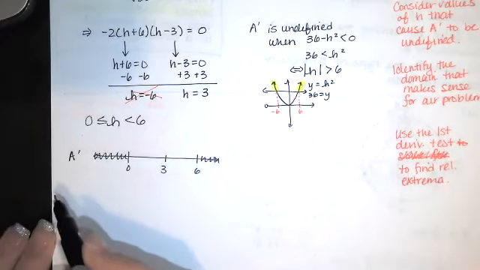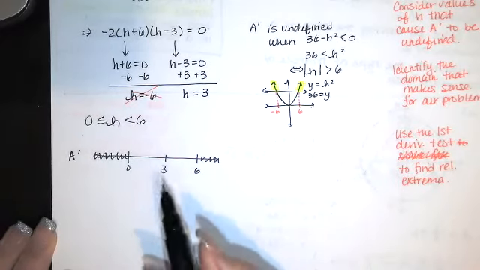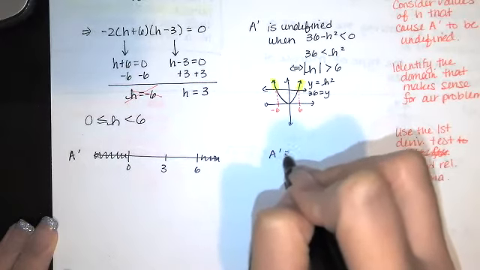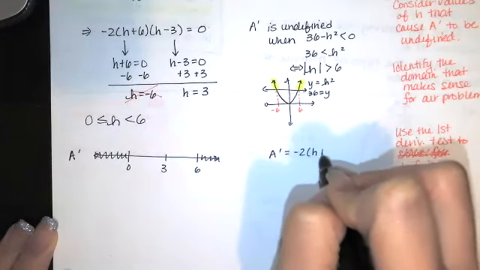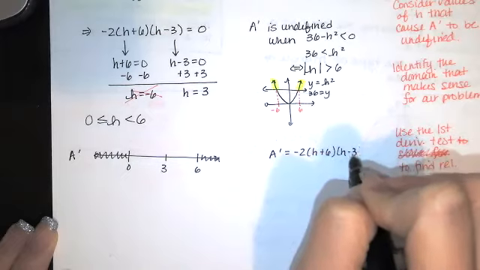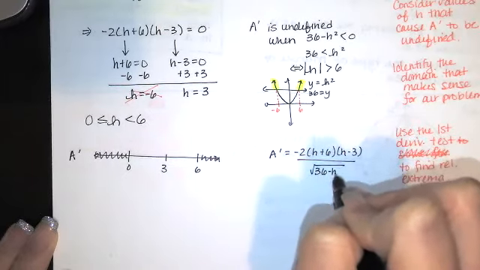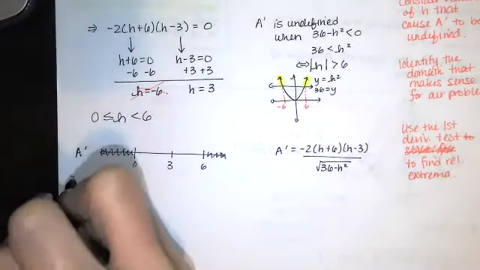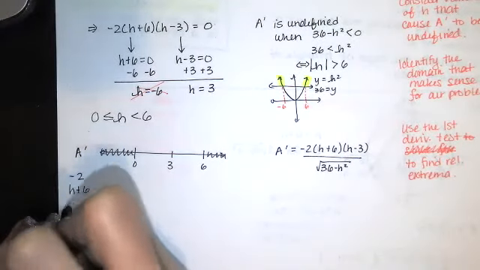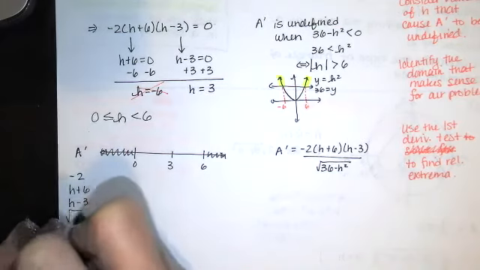We just need to look at the sign of a prime on both of these intervals. And remember what a prime was. A prime is negative 2 times h plus 6 times h minus 3. And we're dividing that by this square root. So I list the factors of a prime down here.